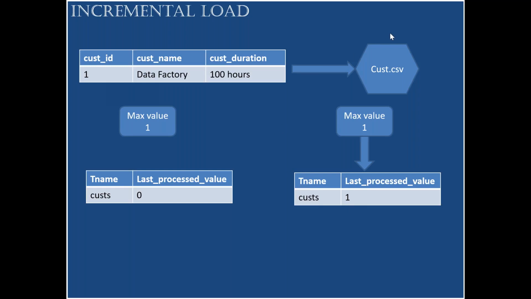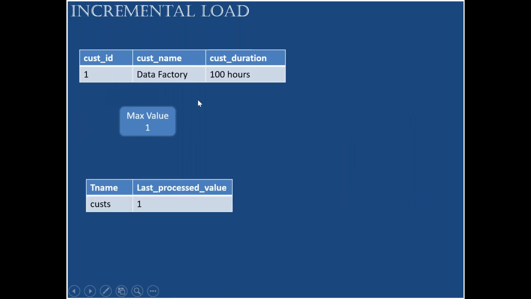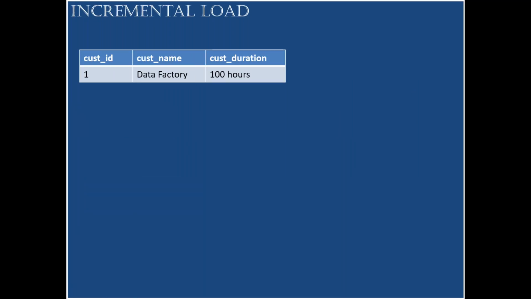Now how to do this practically in the pipeline, I think I have not added. See, on day 2, what is the max value? Srija, tell me. 1?